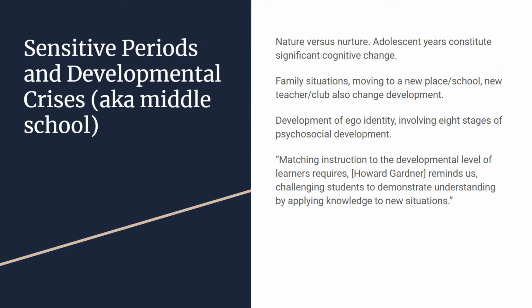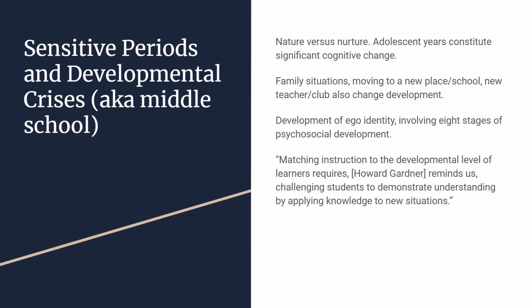Moving on, sensitive periods and developmental crises, aka middle school for most people. Basically, there's this whole thing of nature versus nurture and philosophy. One of the things people ask is, are there naturally more sensitive periods, or is this a nurturing thing? Is it just because of crises happening that make it a more sensitive period?